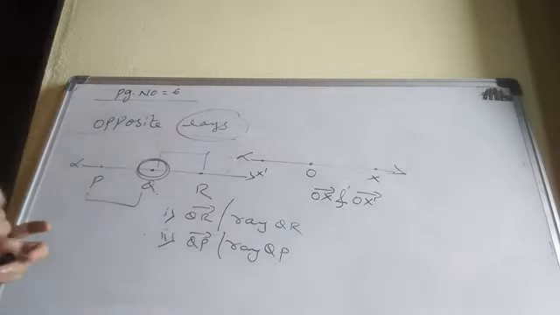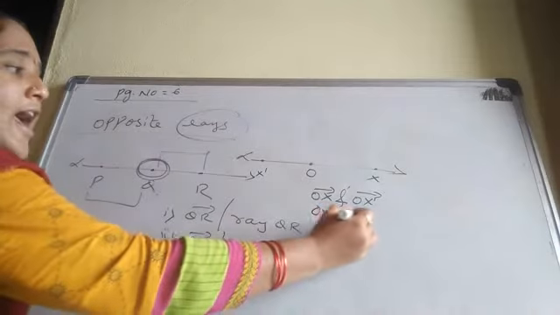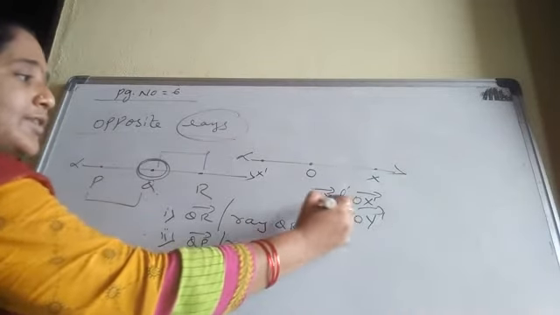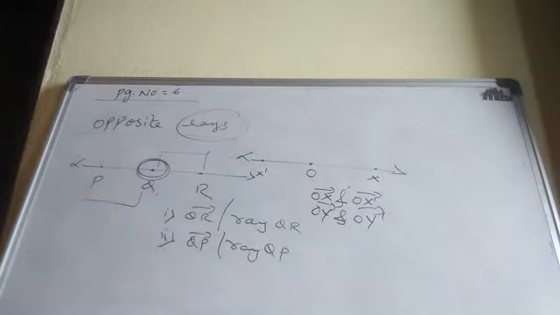And similarly, the y-axis also, ray OY and ray OY dash are the opposite rays. Okay? Opposite rays means what? They have a common origin in the opposite directions, or which lie on the same line.